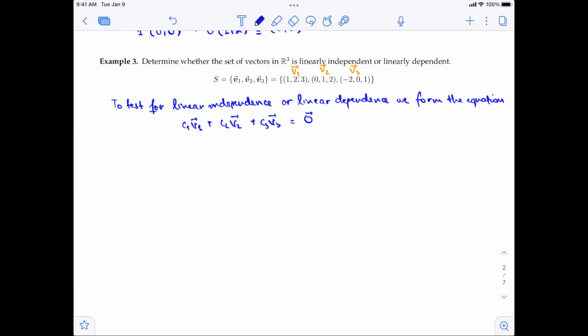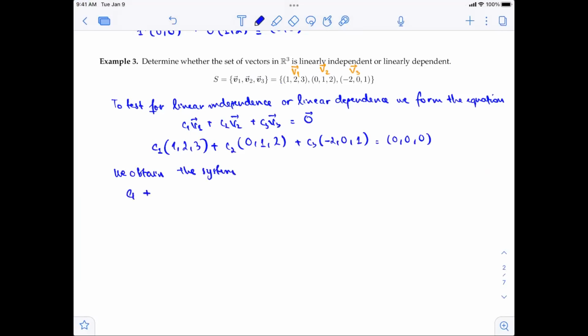So here you have V1 equal to (1, 2, 3), V2 equal to (0, 1, 2), and V3 equal to (-2, 0, 1). So C1 times (1, 2, 3) plus C2 times (0, 1, 2) plus C3 times (-2, 0, 1) equal to (0, 0, 0). From here, you obtain a system of linear equations, because you have linear equations and 3 unknowns. So we obtain the system.